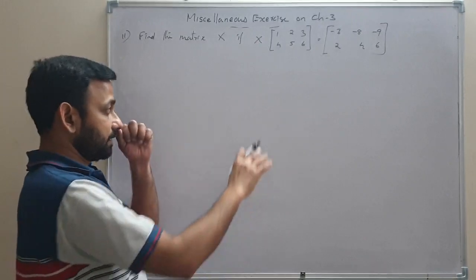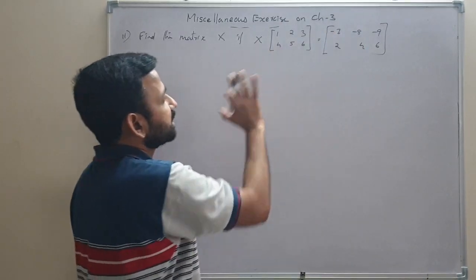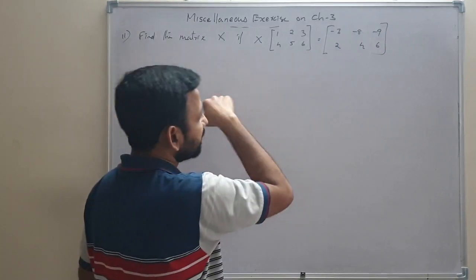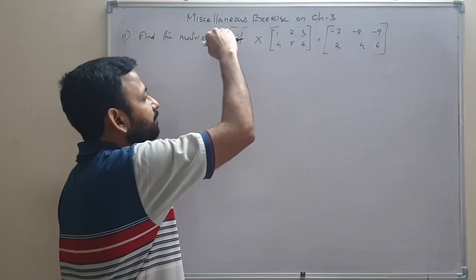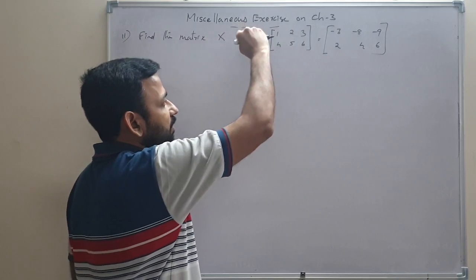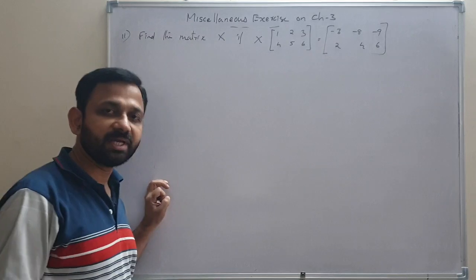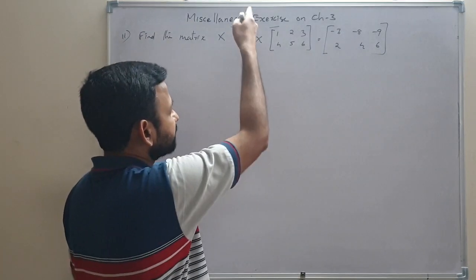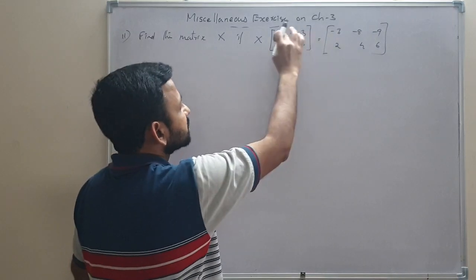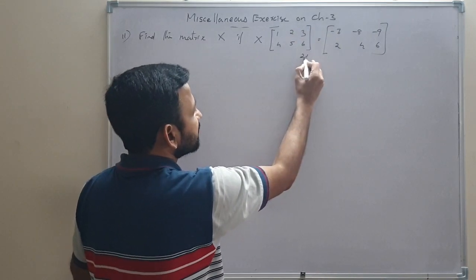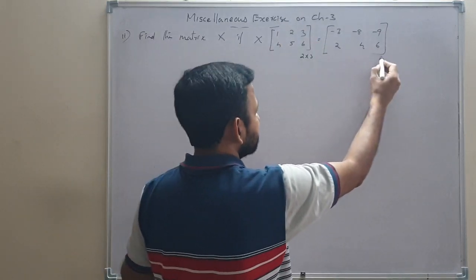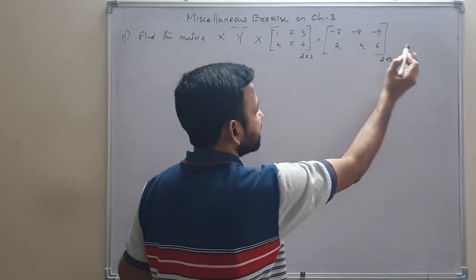And here its product is given. That means multiplication is defined here. If multiplication is defined, then the number of columns of the first matrix and the number of rows of the second matrix should be same. So here the second matrix is a 2 by 3 matrix, 2 rows and 3 columns, and the product is also a 2 by 3 matrix.